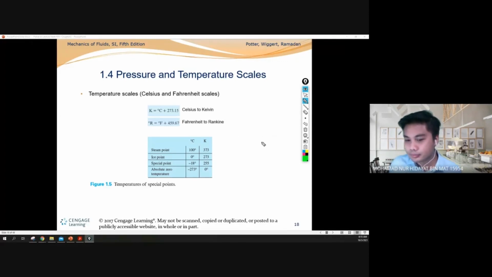So when we consider the absolute, this is absolute in the SI unit. This is absolute in the English unit, Rankine. This absolute means the substance will never move at all. We call it the absolute. The substance particles, you know, will vibrate, will rotate, will move.